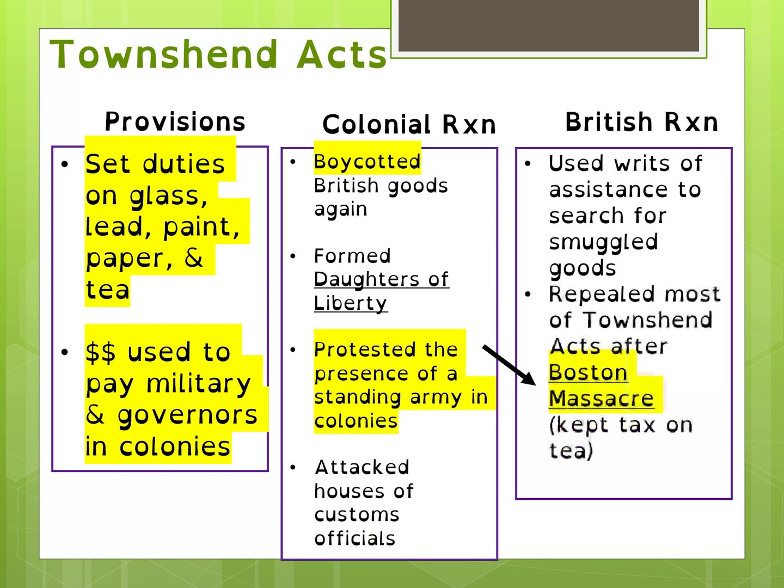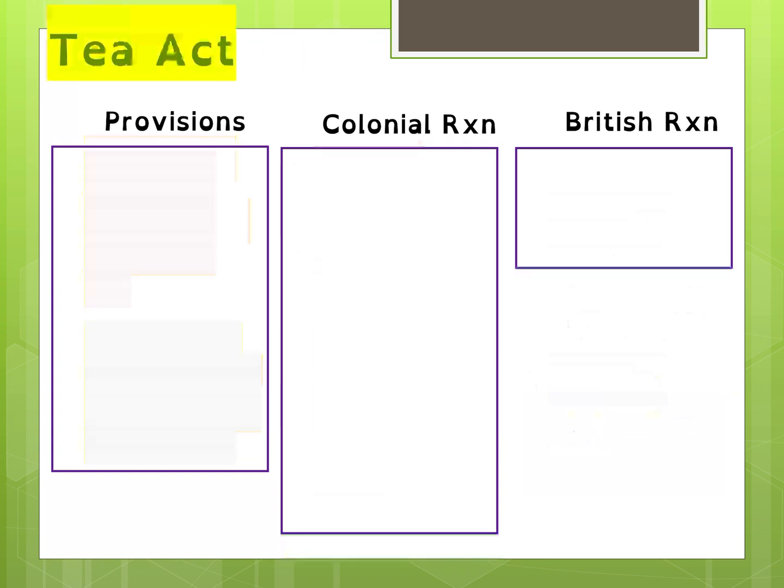This is passed in 1767, and 5 or 6 years go by where there are protests and boycotts and things like that, but we don't really hear much out of Parliament until 1773 when they pass the Tea Act.